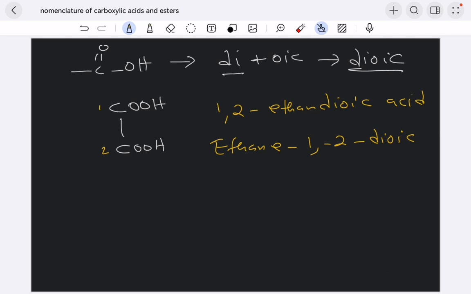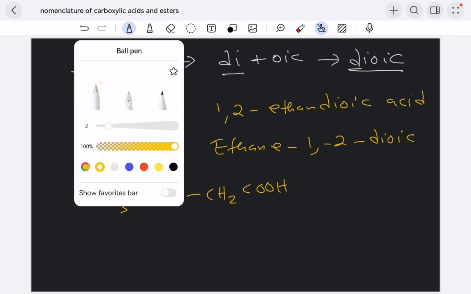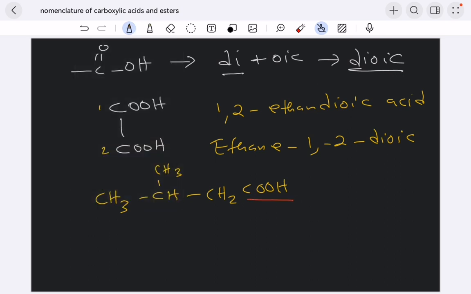We can also have compounds like this, CH3, CH3, CH2, COOH, where this is your functional group. If you want to name this particular compound, you start counting on that carbon. So 1, 2, 3, 4, meaning you have a substituent at position number 3.